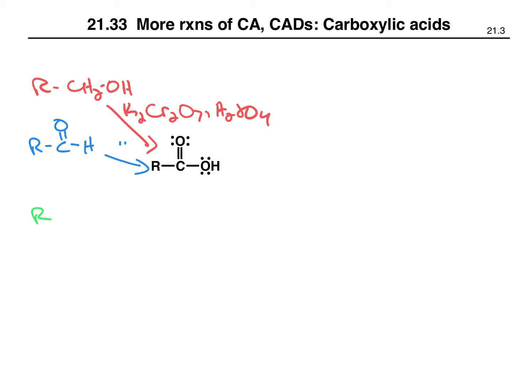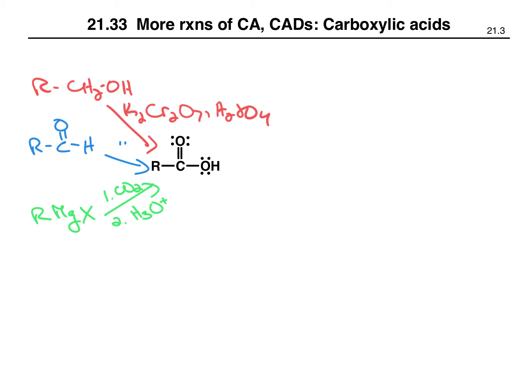If we have a Grignard reagent, this can be treated with carbon dioxide followed by aqueous acid workup to give us the acid where this piece came from the Grignard and this came from the carbon dioxide.